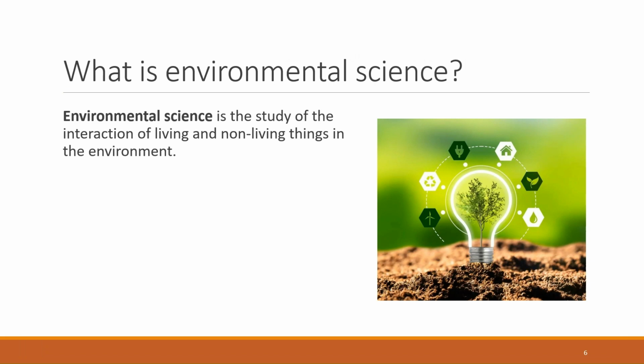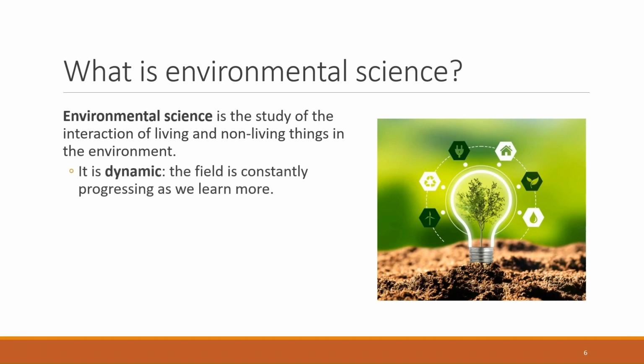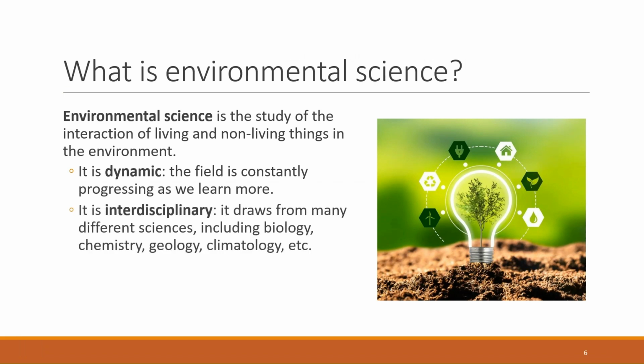And this involves both what we call the biotic or living component and abiotic elements or non-living components of the environment. This field is dynamic because our understanding of these processes is continually evolving, leading to constant advancements in the discipline. And moreover, environmental science is interdisciplinary.